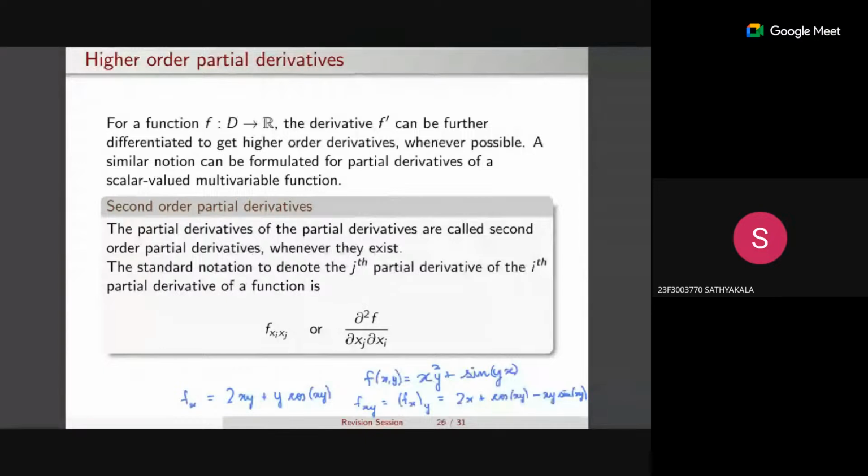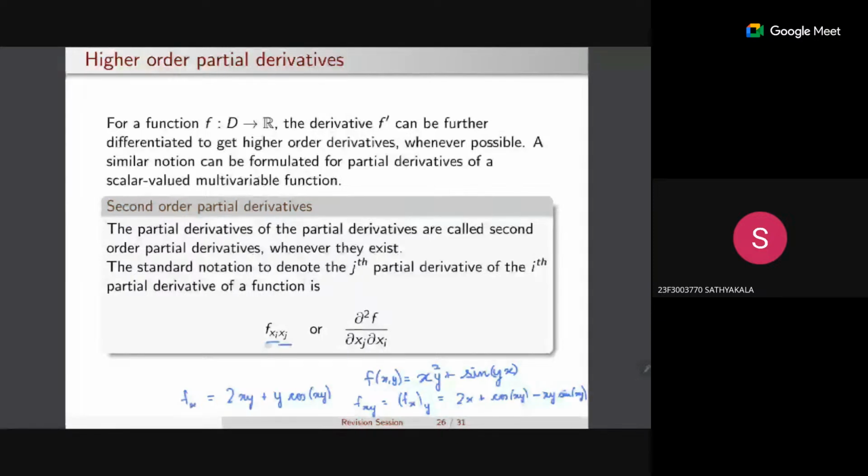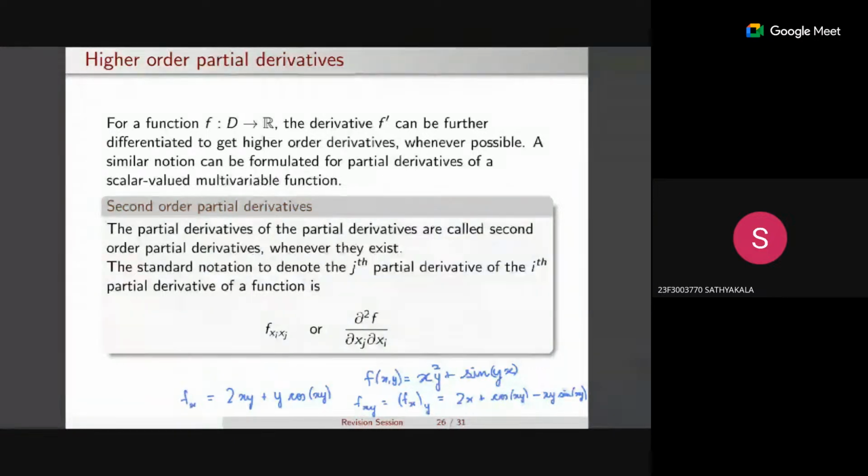And the derivatives that you get, or the numbers that you get after all this, these are for second order partial derivatives. So xi xj means first you have done an xi derivation, partial derivation of f, and then the resulting function you have taken the xj derivative of.